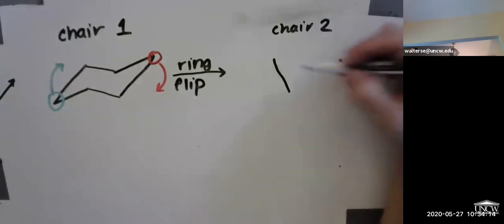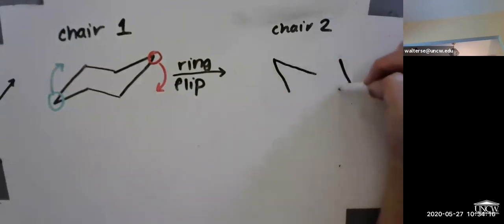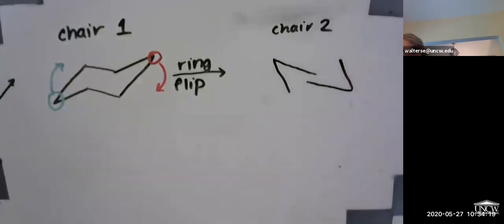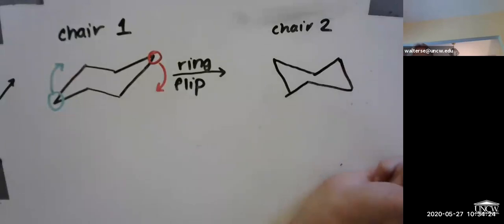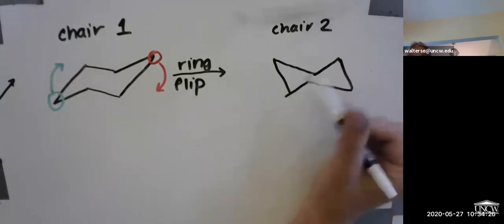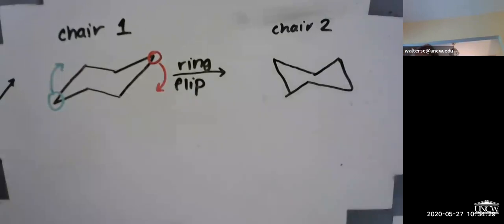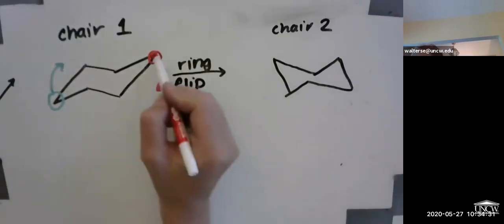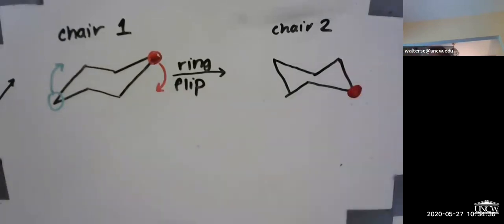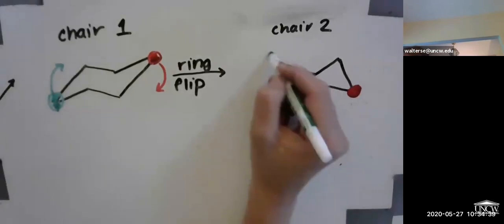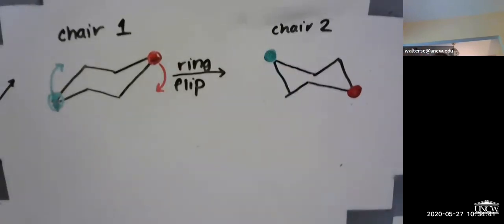Okay, start with your parallel lines. Make it a bow tie sort of thing, but don't line up. It looks like a Budweiser label if you're over 21. This one does. Looks like a Budweiser label. Okay. This carbon that was in red is this carbon down here. This one in green is this one up here. Okay. And when you go around the ring, you have to keep the carbon identification the same.